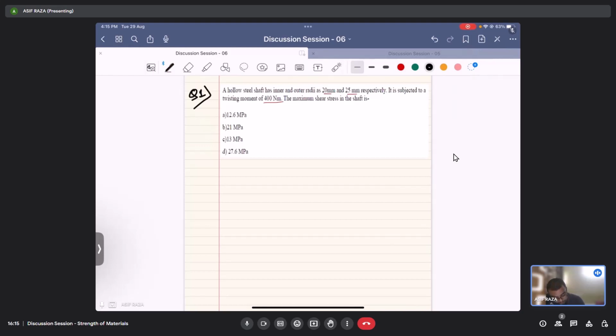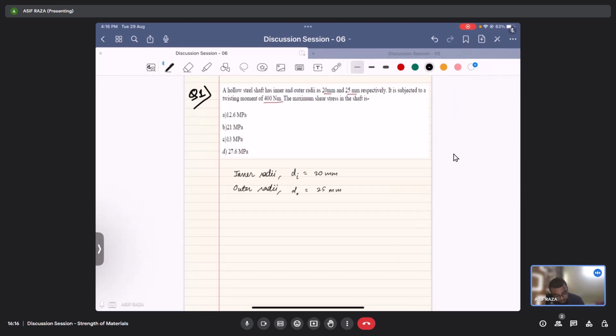Inner radii, di is equal to 20 mm, outer radii, d naught is equal to 25 mm.